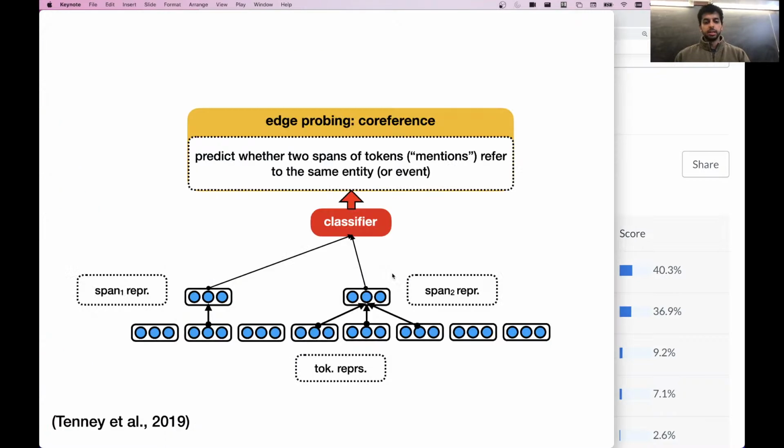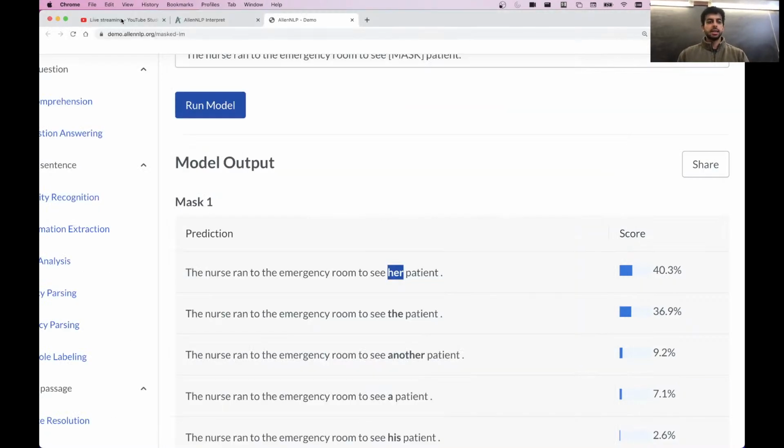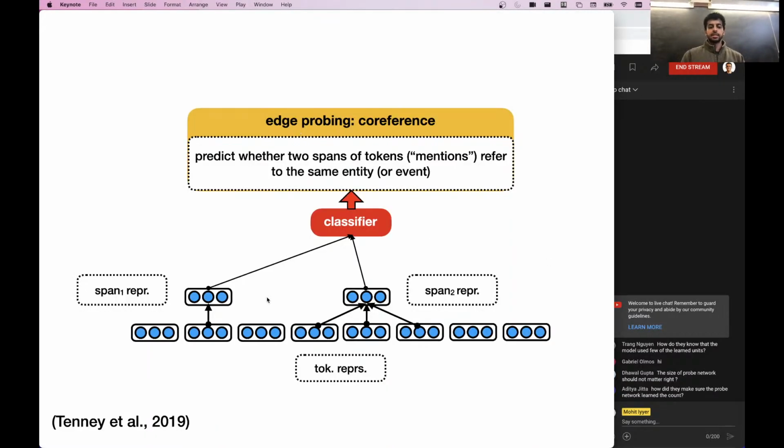So you might want to know whether or not this BERT model can understand that these two mentions are referring to the same thing. However, this is not very straightforward to do in the methodology that we just discussed on the previous slide, right? Because now we're actually talking about whether two specific words in the sentence are referring to each other or not.